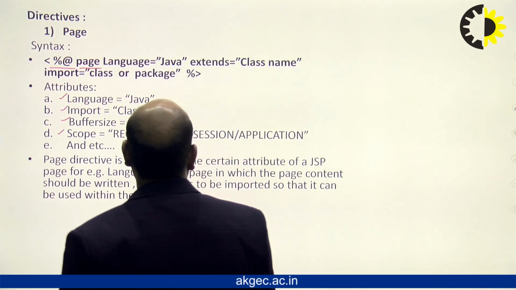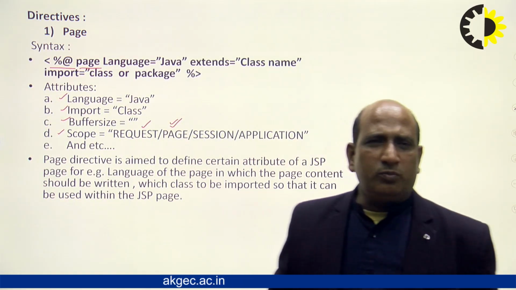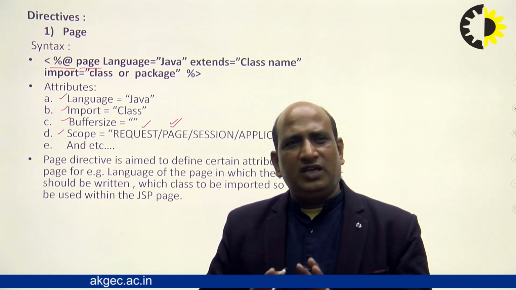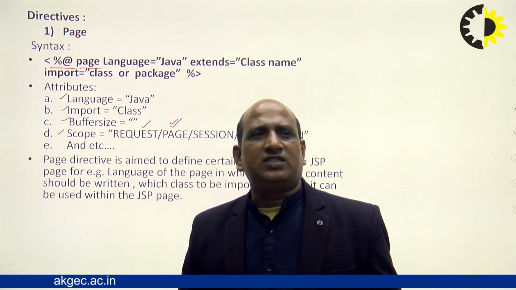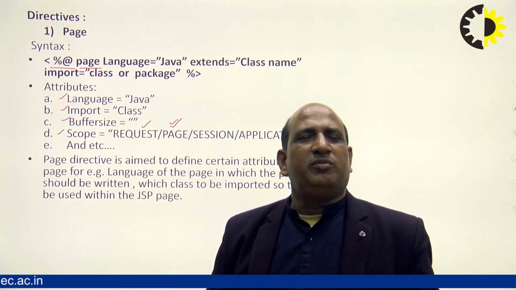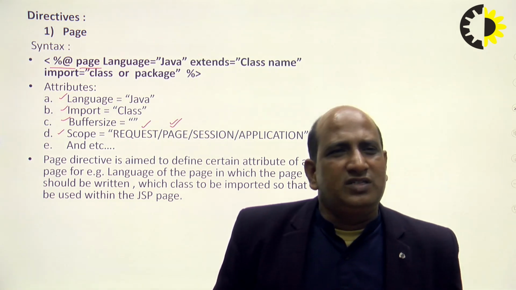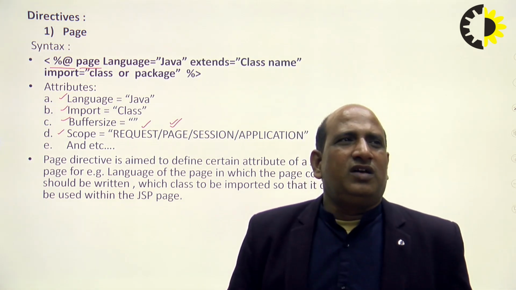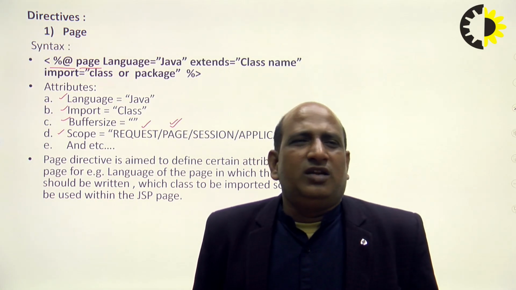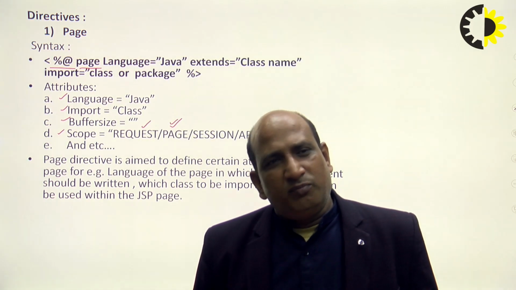Similarly, in the second case you can use scope as page. If the scope is page, then for the current page, whatever number of requests come, the page content may be accessed for all requests. The scope of the JSP page as page means many requests for the same page may access all the content of that page.